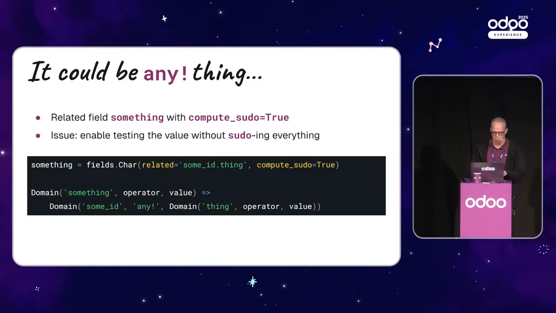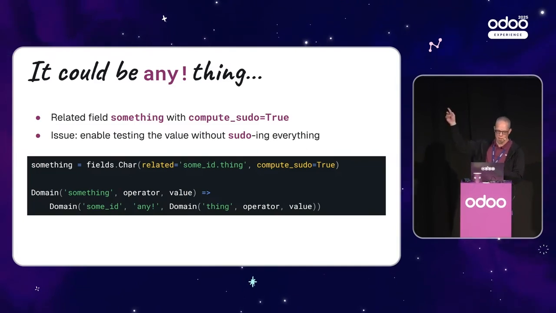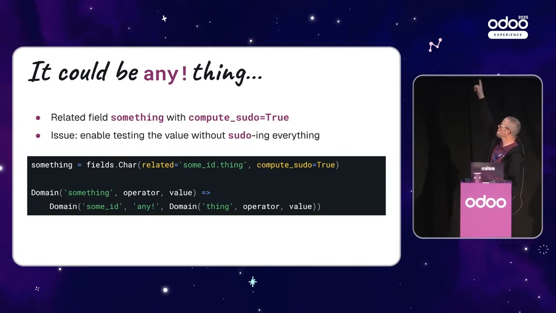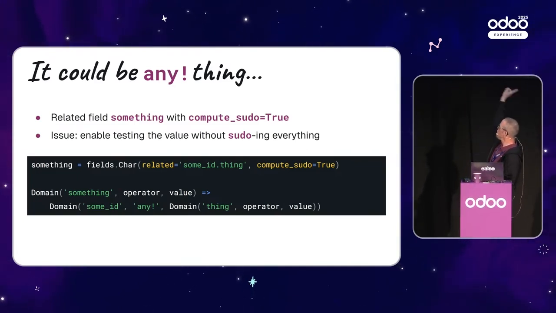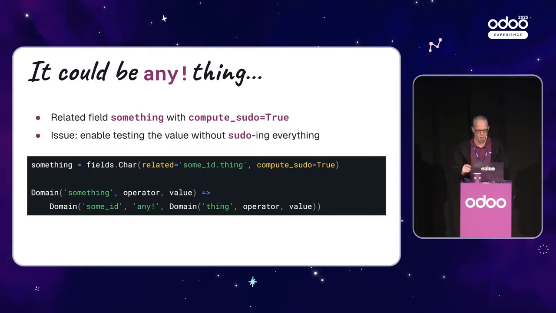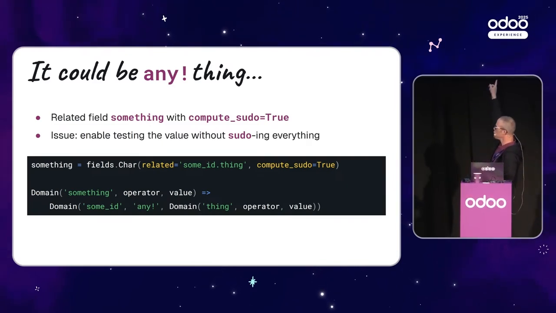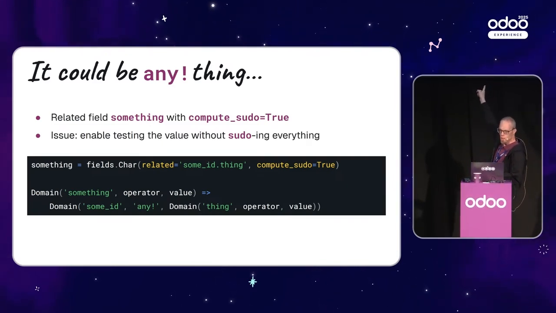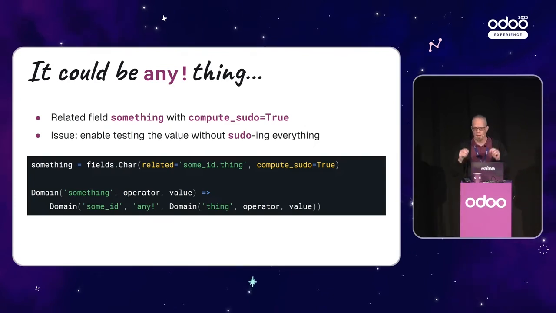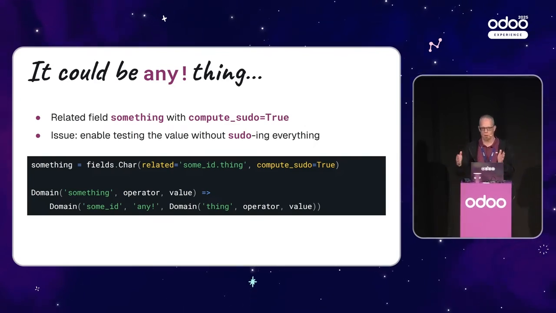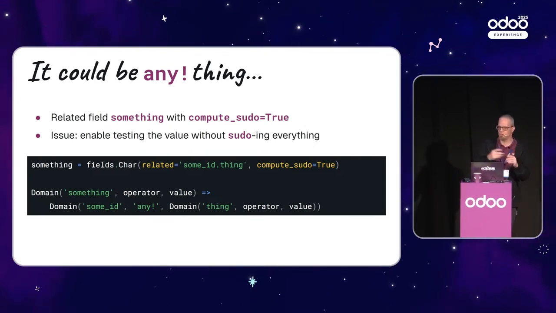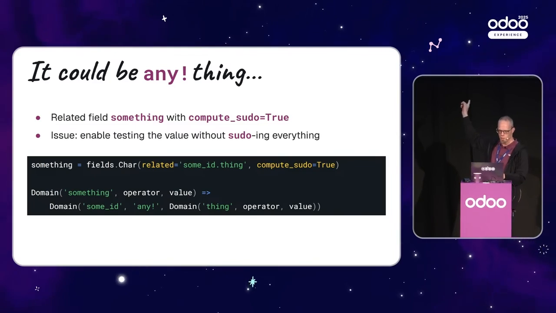And the result is that you can rewrite a condition on something like there into the one below. This enables you to test a domain on the field thing without having to take into account access rights. That's how you bypass the access rights just to get the value of the field thing.